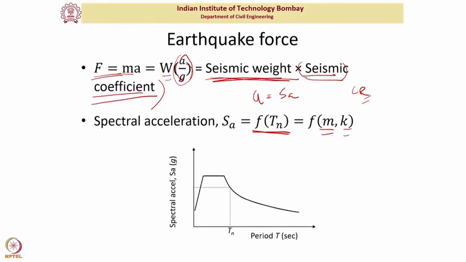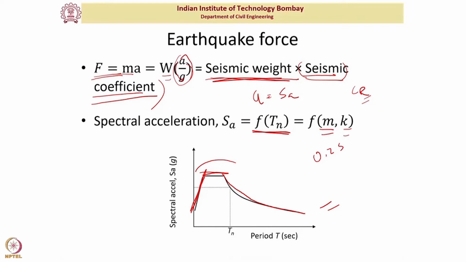Now if you look at the design spectra, and this is the typical shape of a design spectra due to an earthquake at a particular location, you initially have an increasing spectral acceleration with time period, then there is a constant phase, and then a decrease. Most structures, if it's a rigid structure, would have a typical time period of around 2 seconds.